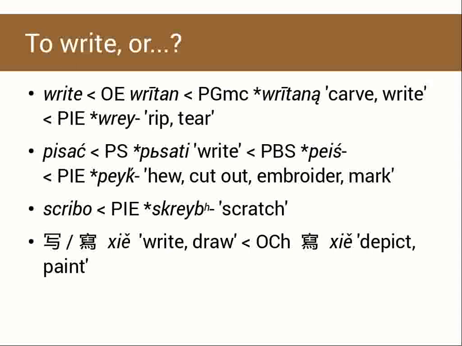Latin, and therefore also all Romance languages, scribo, scrivere, and so on, comes from, again, Proto-Indo-European scribe, which is to scratch. So all those words in the end relate to physically making marks in something. But they are also physical marks. It's carving, it's embroidery, it's not really ink or anything like that. Which becomes quite interesting if you go back in time and look at how writing systems used for languages that evolved from Proto-Indo-European actually worked.